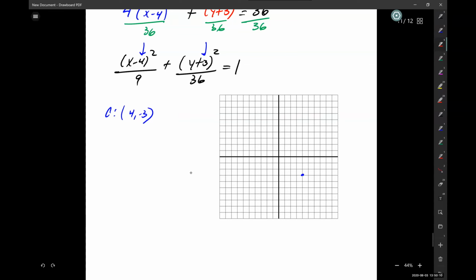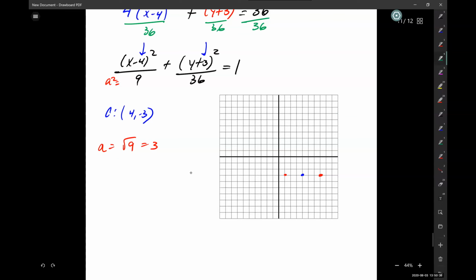So here we have a squared is equal to 9. So a is equal to the square root of 9, which is 3. That means we're going to move left 3 points. So 1, 2, 3. Right 3 points. So 1, 2, 3.